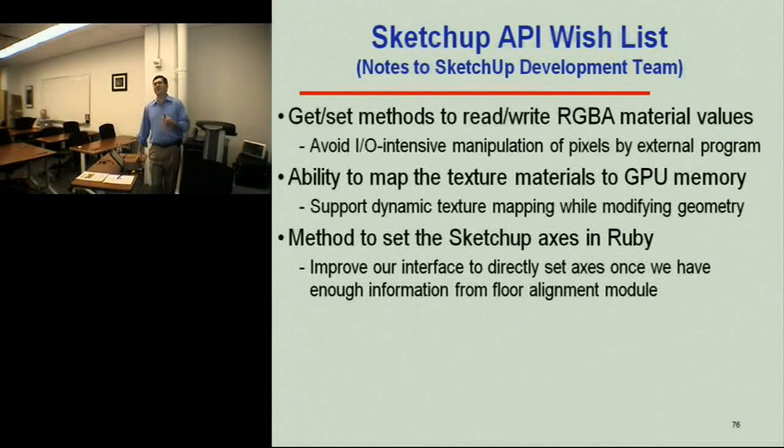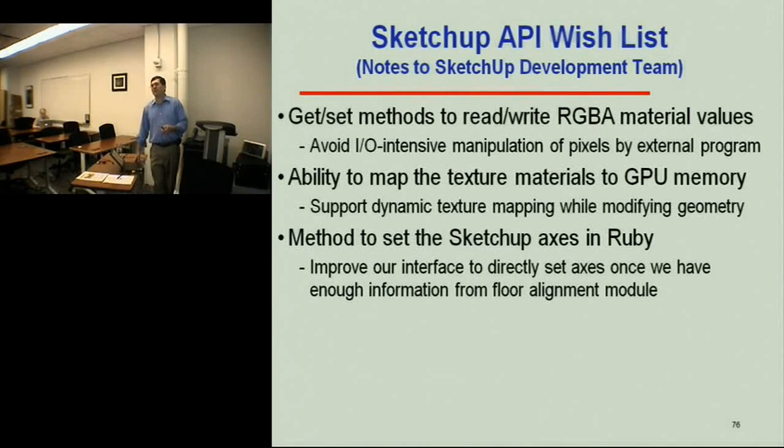Give us a get or set method to read and write RGBA material values. We want to be able to write those pixel values directly without having to save them away as a file, do processing outside and then bring them back in. That's really inefficient. So we want to avoid that I/O-intensive manipulation of pixels by external programming. We also want the ability to map the texture materials to the GPU memory to support dynamic texture mapping while modifying the geometry.